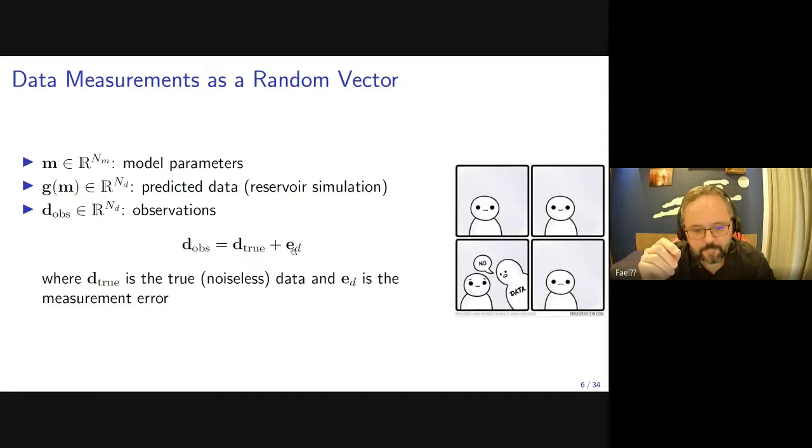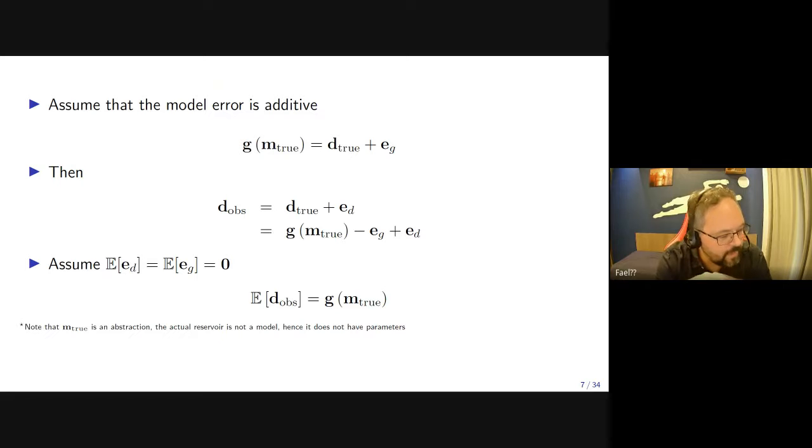Also, I'm going to assume that I have model errors. I have imperfections in my model. For example, I have numerical discretization errors. I have simplifications of the physics. I mean, reservoir simulation is not perfect. And what I mean by not perfect in this scenario is this: if I knew the actual value of my model parameters, which by the way is an abstraction of reality, because there is no actual true model, the true reservoir is beneath the earth, but there is a model.